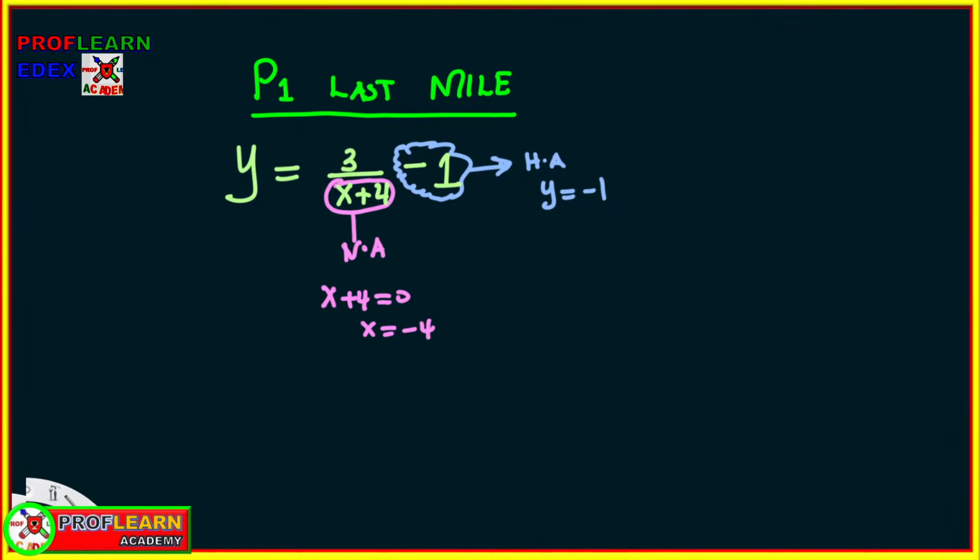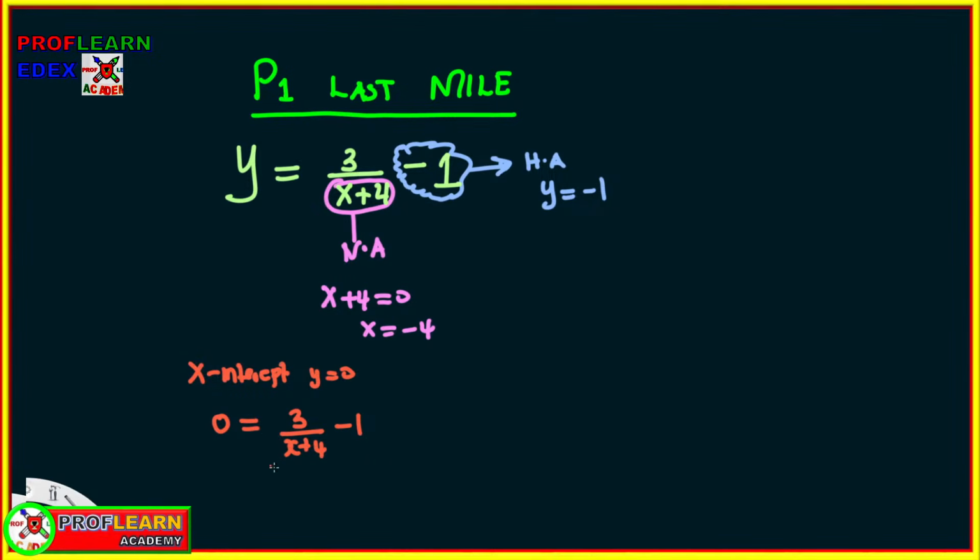So done with one of the parts, the next part that you have there is to find the intercepts. So at the x-intercept, y is equals to 0. So if you have this equation, this is going to be 0 is equals to 3 over x plus 4 minus 1.